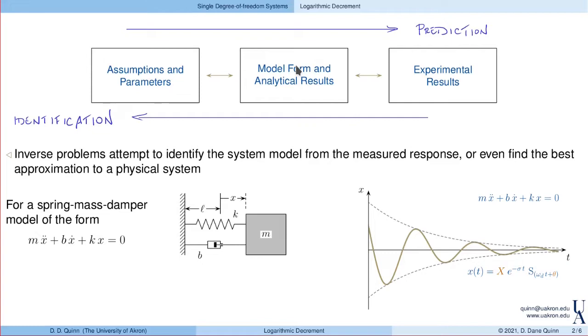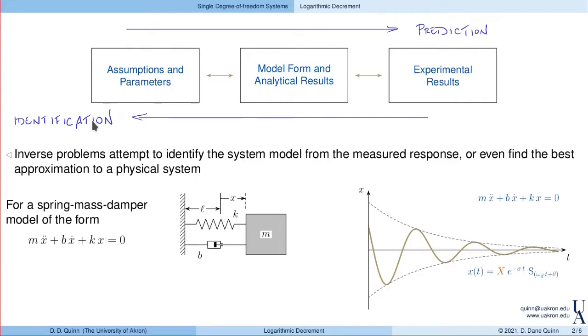After all, models are approximations. And modeling really involves making good assumptions about the important effects that go into a representation for the experimental system. Right, so again, this forward path is what we're typically familiar with, and that's prediction. And then the inverse path is identification.